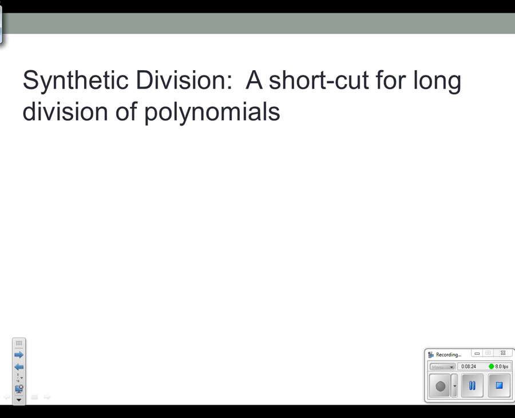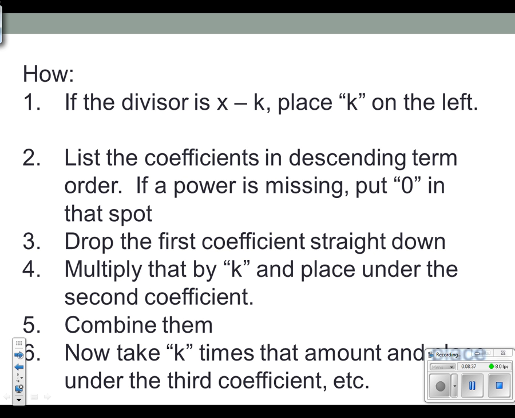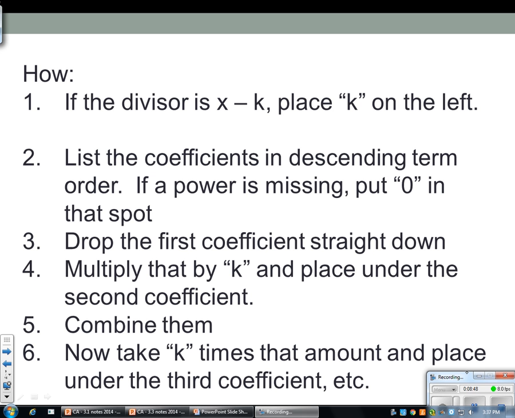All right, another option for division is kind of a shortcut. A lot of people like this process a little bit better because it's faster. It's called synthetic division. Now I've attempted on the next slide, since some of you really like steps to a process, to list steps. Hopefully these steps in my wording make sense to you.